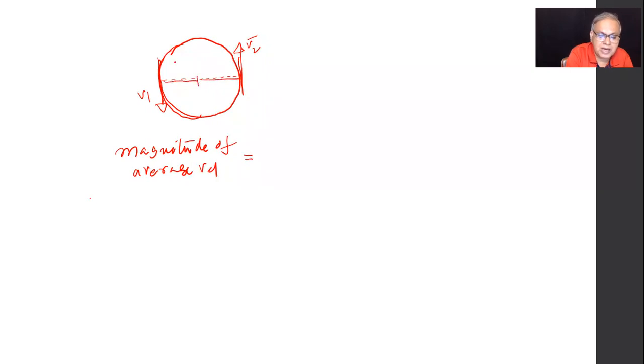Suppose R is the radius, then displacement is 2R, divided by time. Time is not known, but we know it has got a speed V. Mod V1 is equal to mod V2 is equal to speed V.